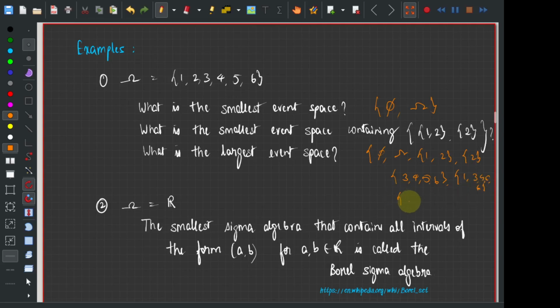What else do we need? Just that? Anything else? 2, 3, 4, 5, 6. Anything else?